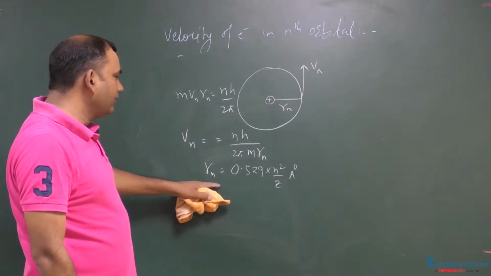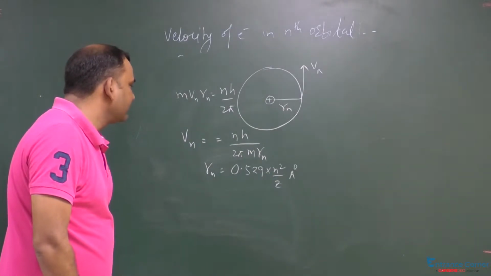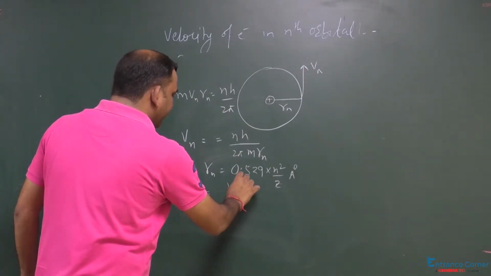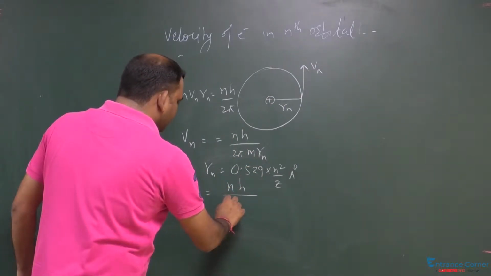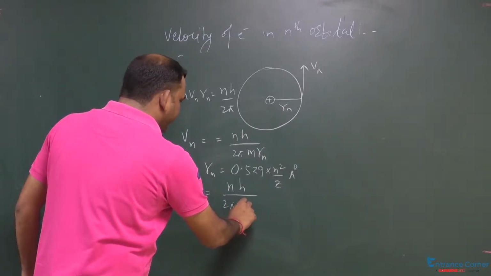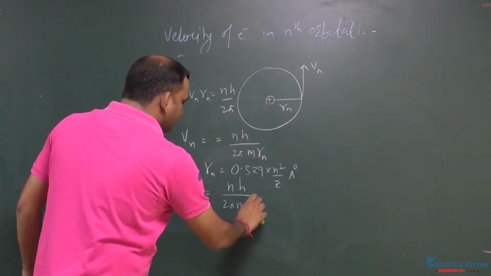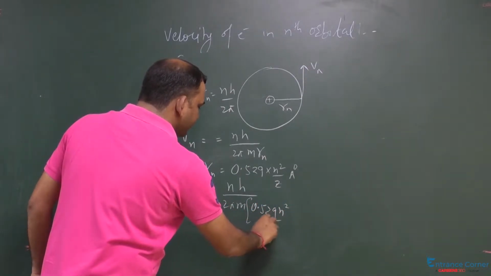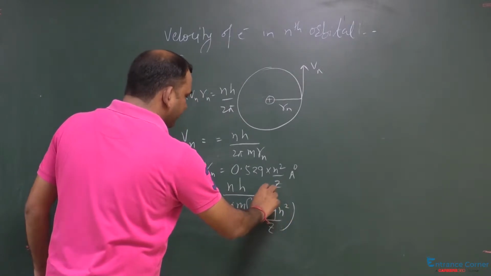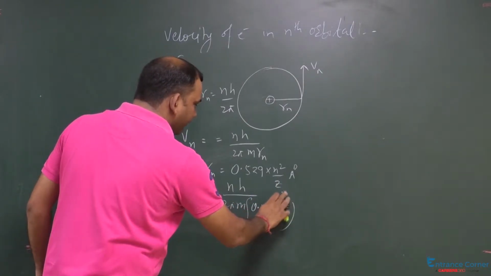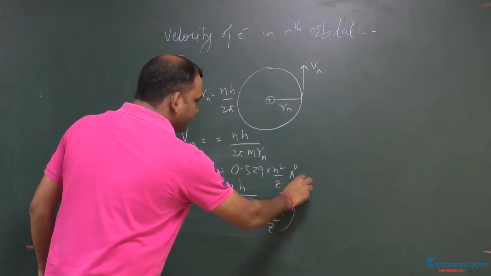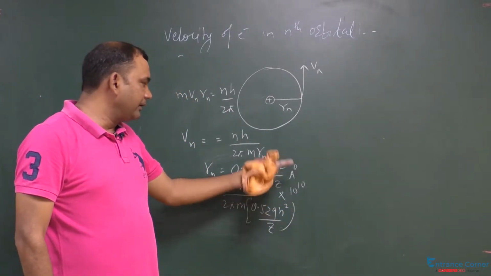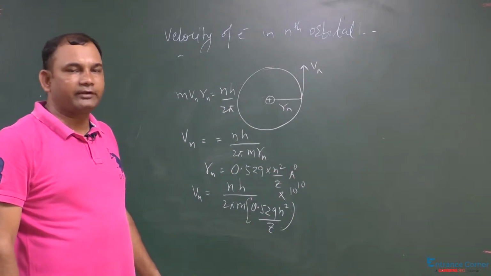So, if we put the value of Rn in that case, then Vn is equal to nh upon 2 pi m into 0.529 n square by Z into 10 raised to power 10, because when we convert angstrom into meters it is 10 raised to power minus 10, and it will go upside, then it is 10 raised to power 10.